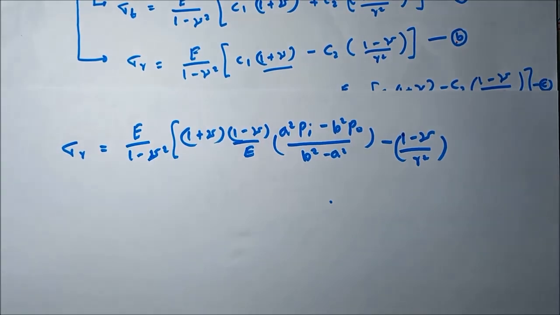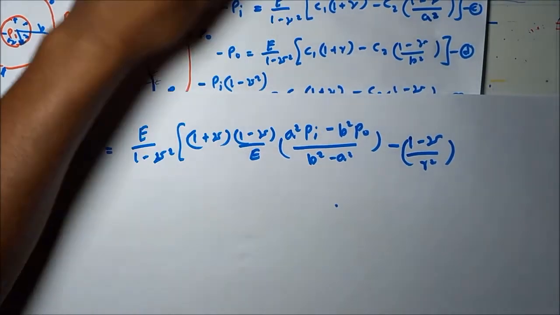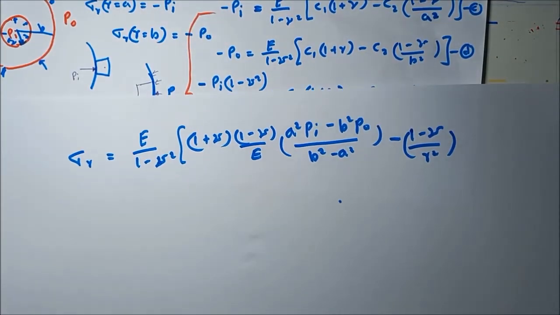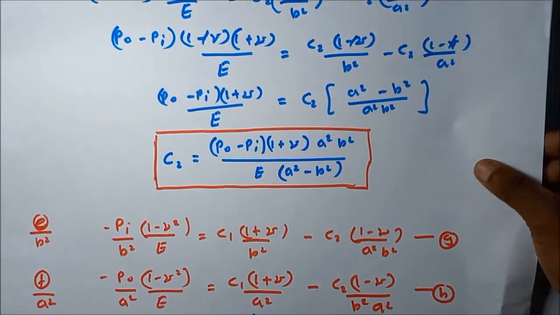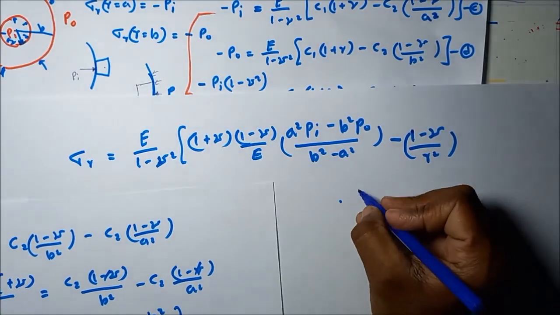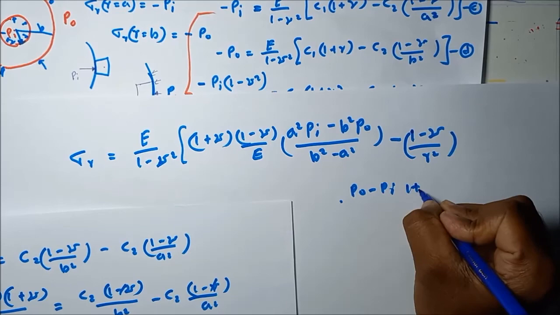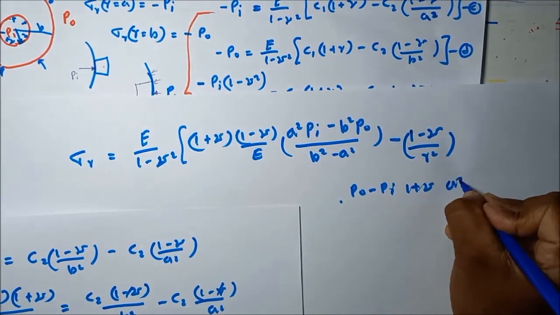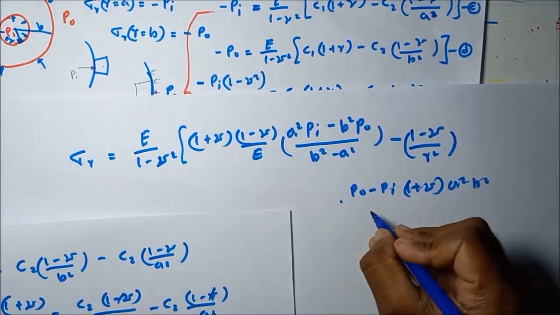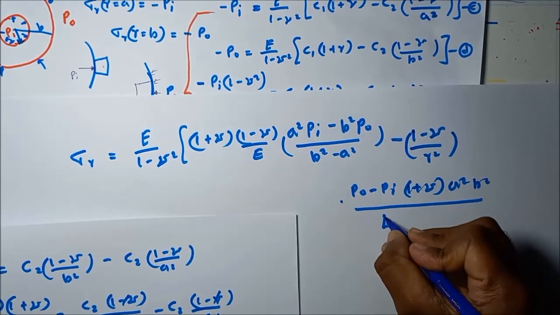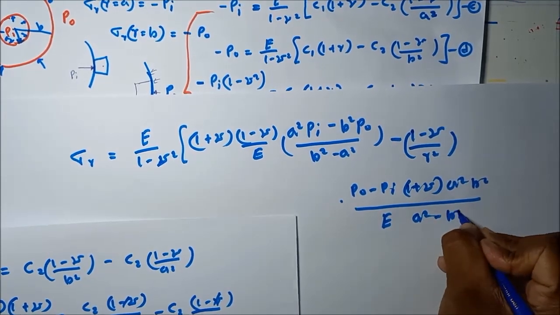What is c2? c2 is (po minus pi) (1 plus nu) a square b square divided by E into (a square minus b square).